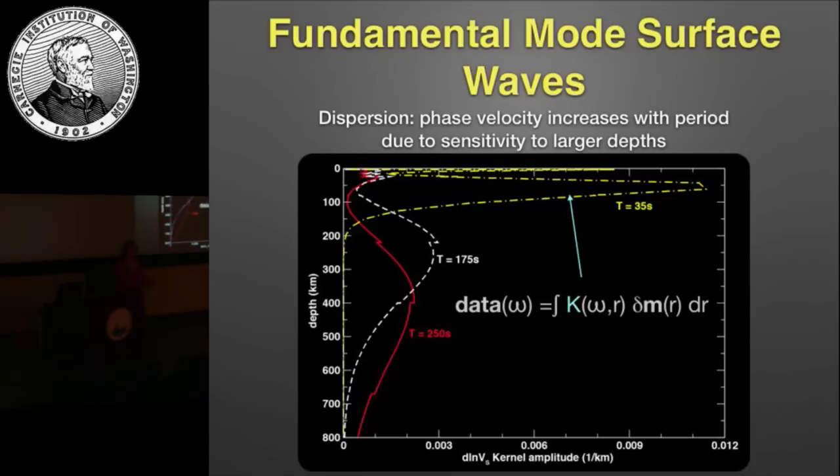And there is a nice linear relationship between the phase velocity of the surface wave at a specific period and the elastic parameters that describe the structure of the Earth. It's just a simple depth integral weighted by the sensitivity kernels that are basically these curves that we can calculate with a reference model. So we can use this type of relationship, measure the speed of these waves in the frequency domain, and invert this relationship to get the elastic parameters inside the Earth.